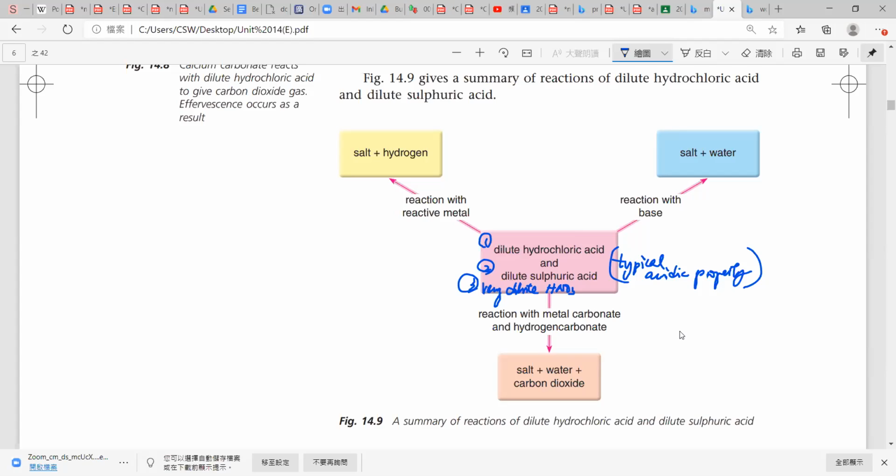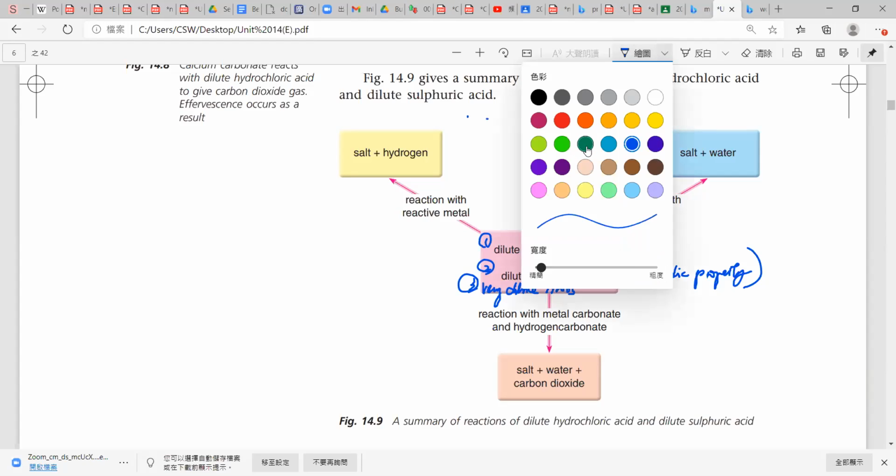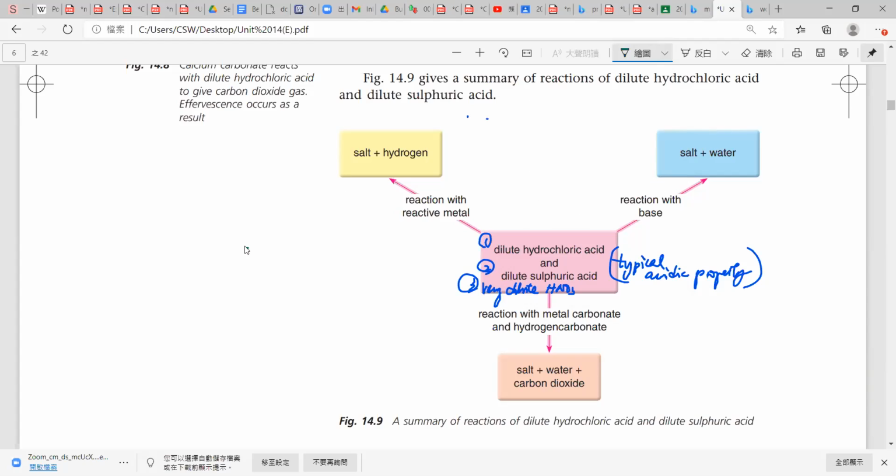And what we mentioned is on the equations, the reactions. They are collectively separated into three types. One is the reaction with metal. Remember, not all metals will react with dilute acid. Only reactive metals can. So from potassium up to which metal can they react?